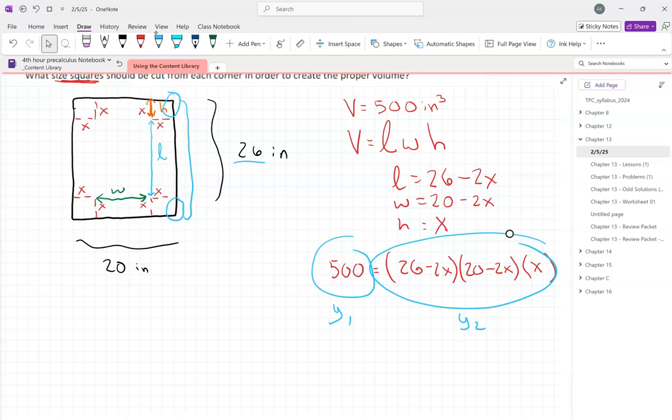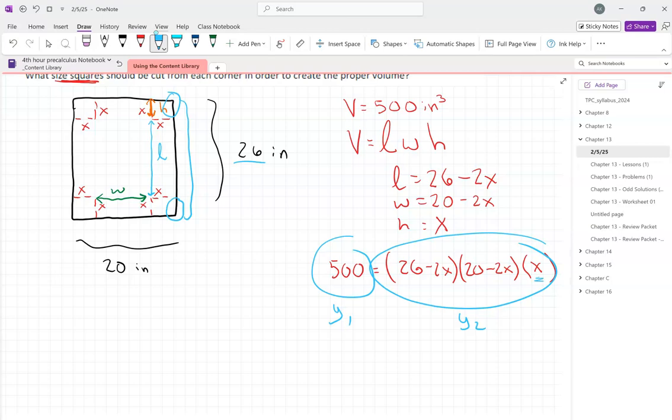But before I do that, I want to think about the window. What are my possible values for x? What do I know about the side lengths of a figure? What values can they not have? They can't be negative, right?